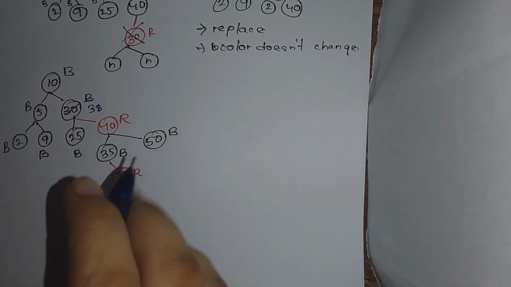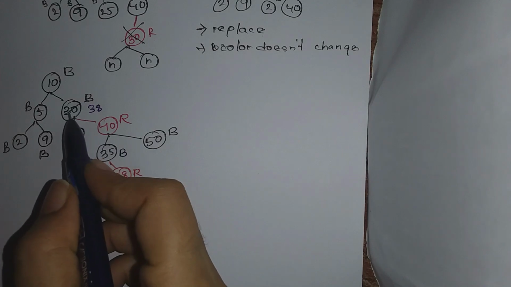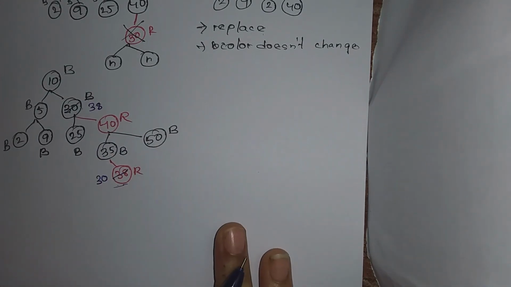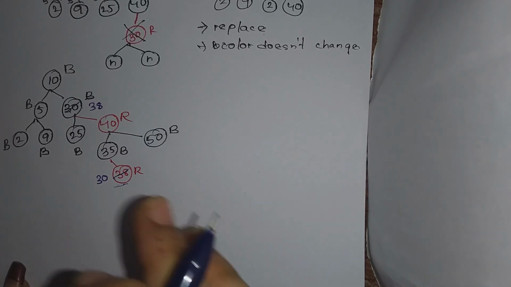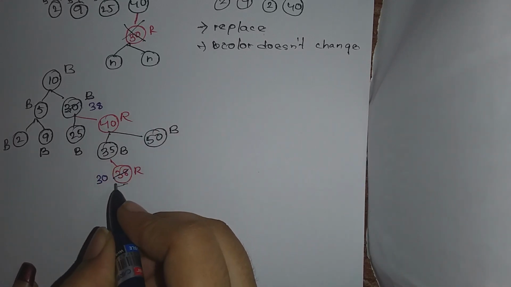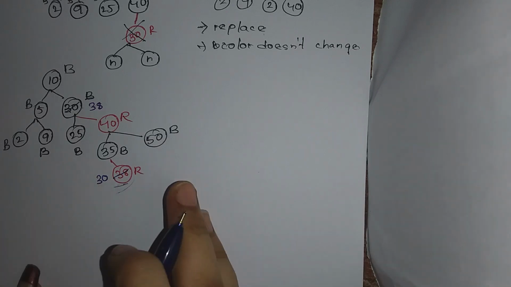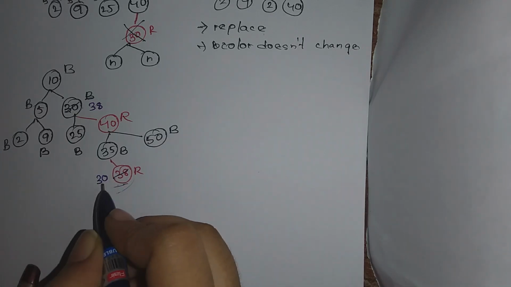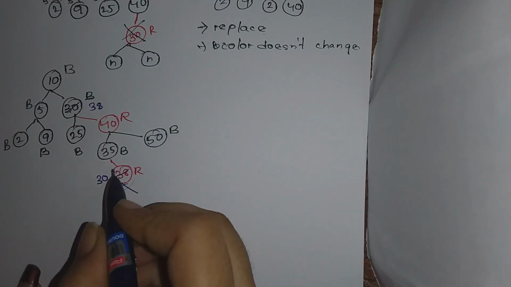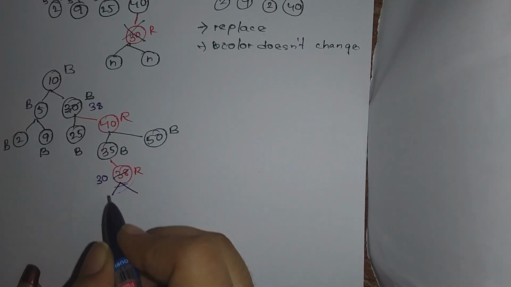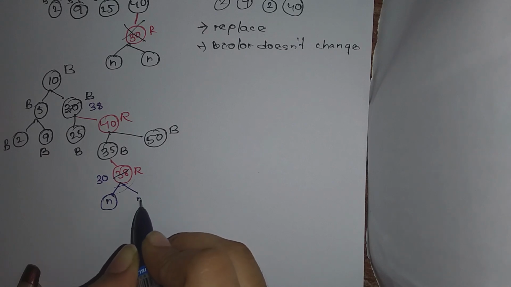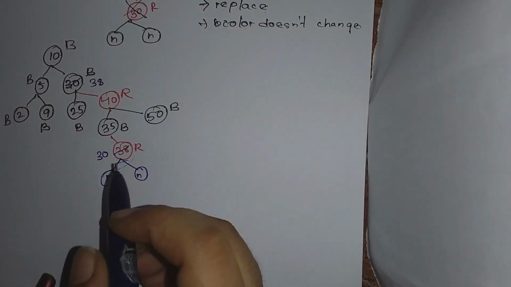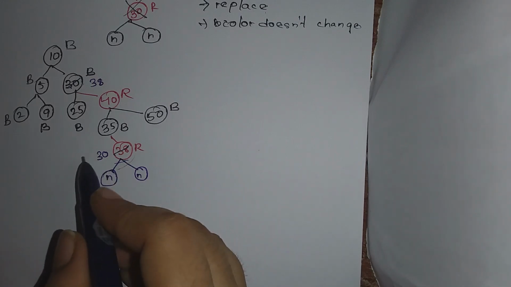The black color of 30 stays black, but the value changes to 38. In the 38 node, the color doesn't change, but the value changes to 30. Now the node with 30 has nil children. It's a leaf node, so we can directly delete this node.